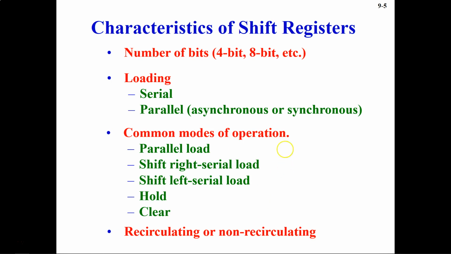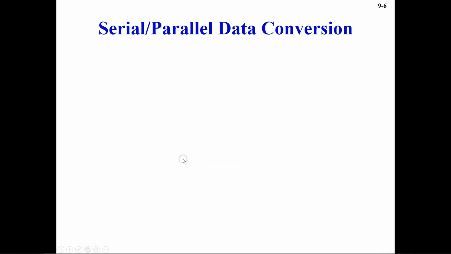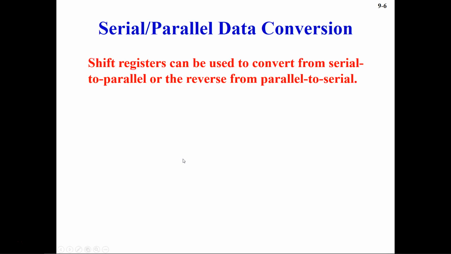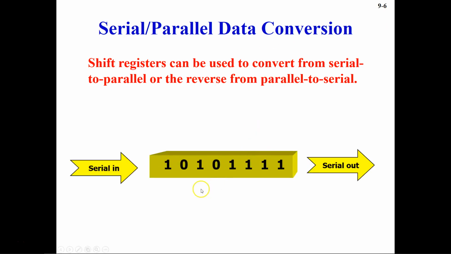Now moving on to the next slide, serial parallel data conversion. Shift registers can convert data from serial to parallel, and also from parallel to serial. So let's see an example. This is the 8-bit binary data you see here, and this can be moved serially.